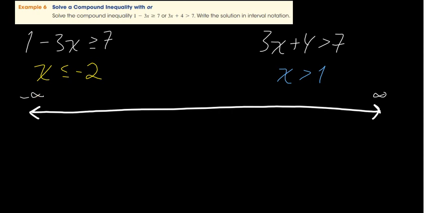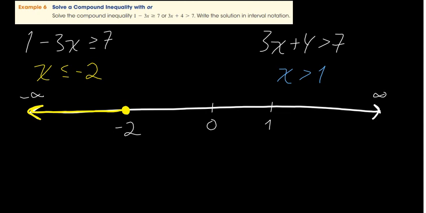And we're going to put a 0 here, a 1 here, and a negative 2 here. So in the yellow, we're saying that x is less than or equal to negative 2. So it is a less than or equal to sign, so we're going to put a closed circle there, and we're going all the way to negative infinity.